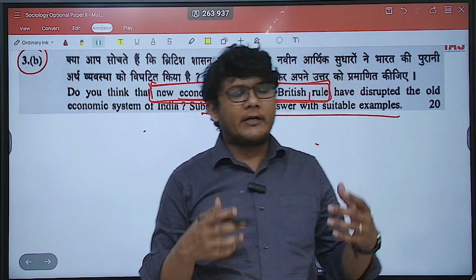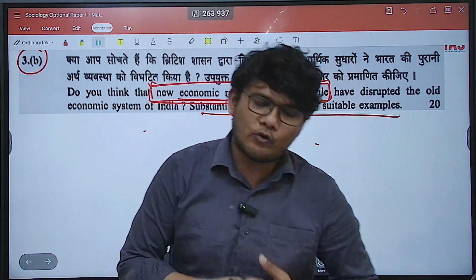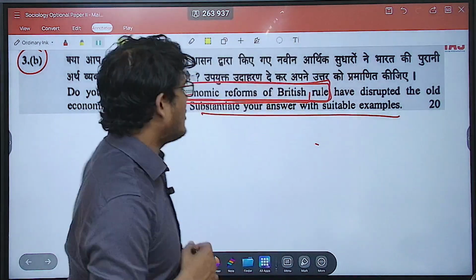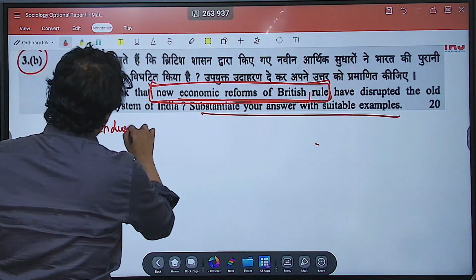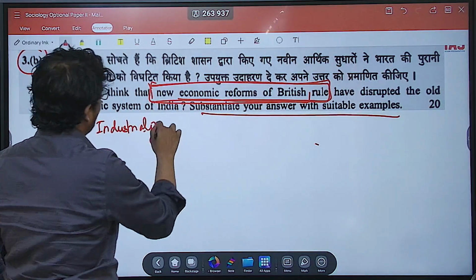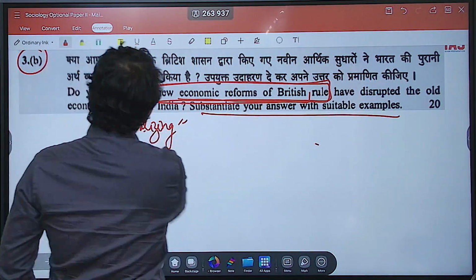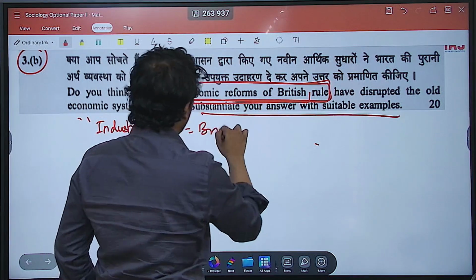Yes, the affluent kings, the princes, etc., also used to buy these finished goods. So they were industrializing, but only industrializing in Britain. Industrialization was happening in Britain for them.